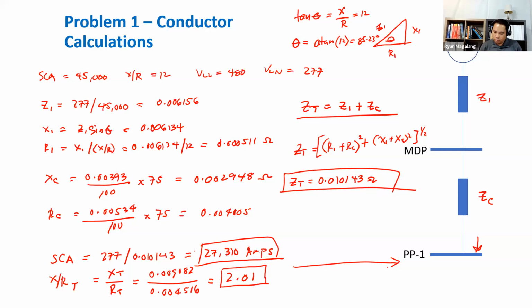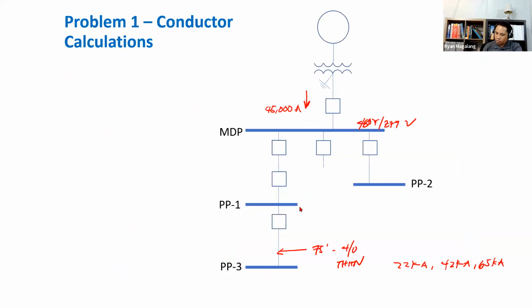So that is short circuit analysis in the most basic idea, like what we have seen in the per phase analysis. So now the question is, you have 27,310 amps, and then here are your choices.